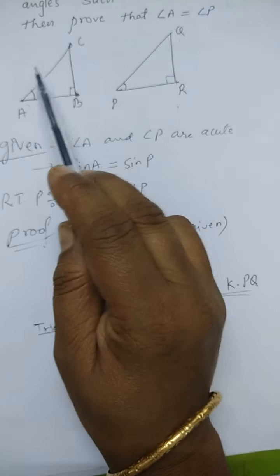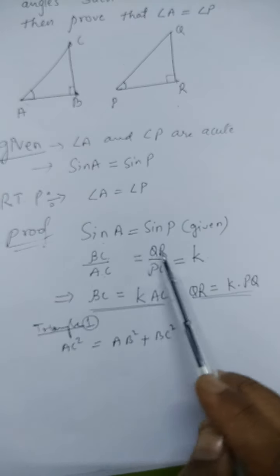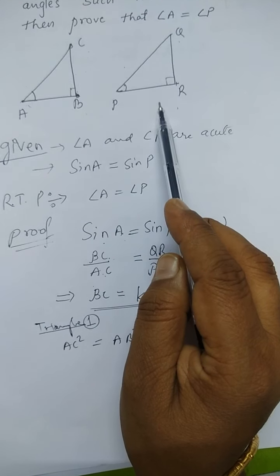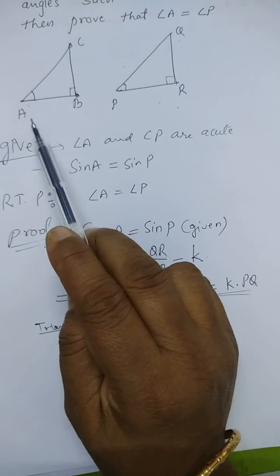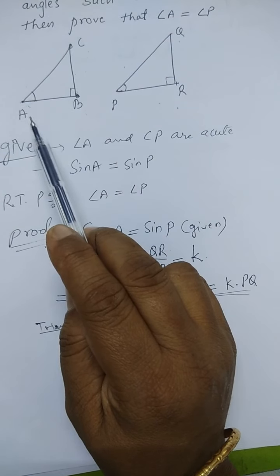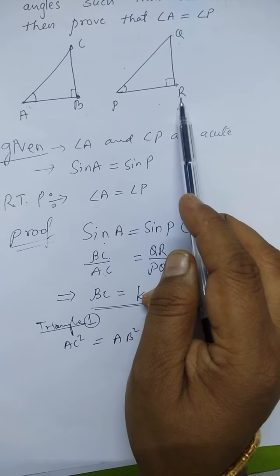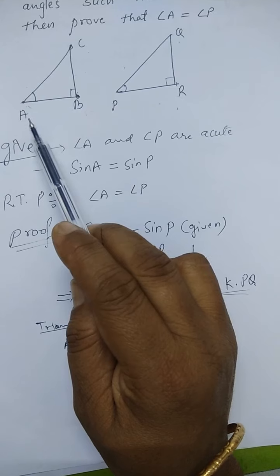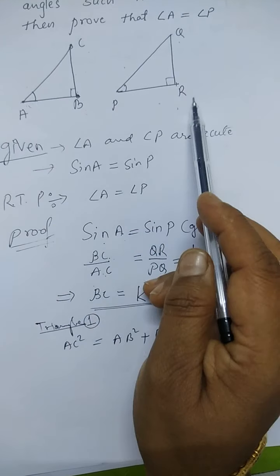Opposite upon hypotenuse is given, but this adjacent side is not given. So we have to consider the ratio of the adjacent sides of angle A and P. Okay, so let us take AB upon PR.